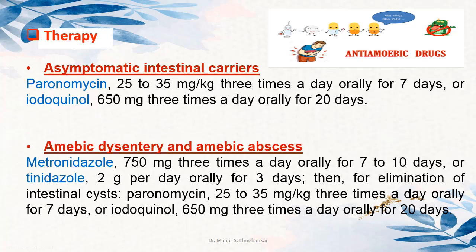And in case of amoebic dysentery and amoebic abscess, we use metronidazole 750 mg 3 times a day orally for 7 to 10 days, or use tinidazole 2 grams per day orally for 3 days. And then for elimination of intestinal cysts, also use paromomycin and iodoquinol.